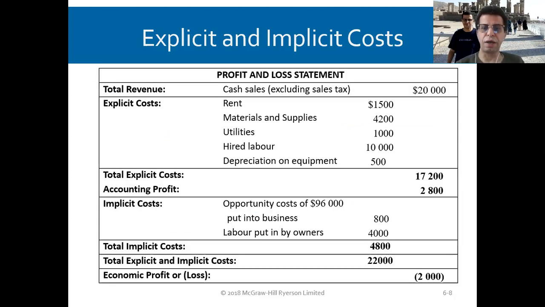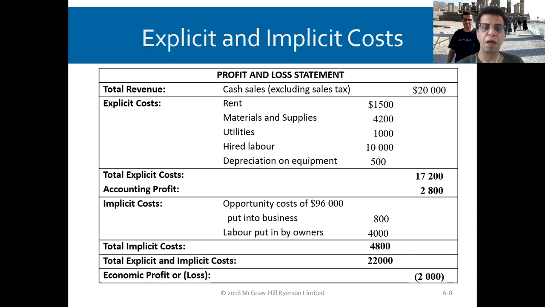Usually in the accounting approach you count the explicit cost, but in economics it is explicit plus implicit, or the cost of opportunities.